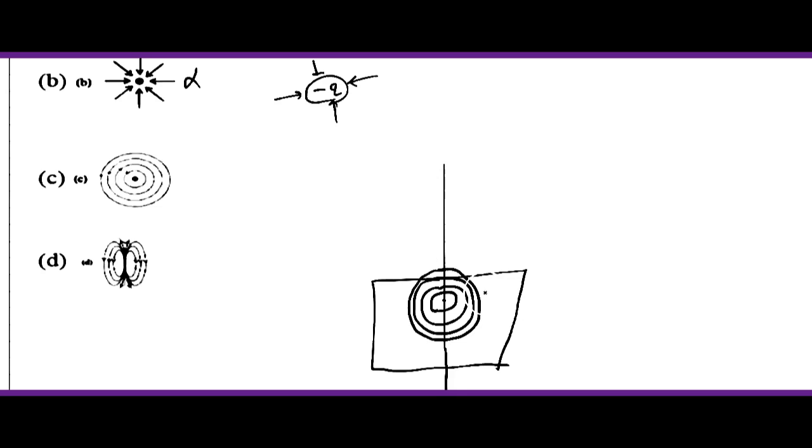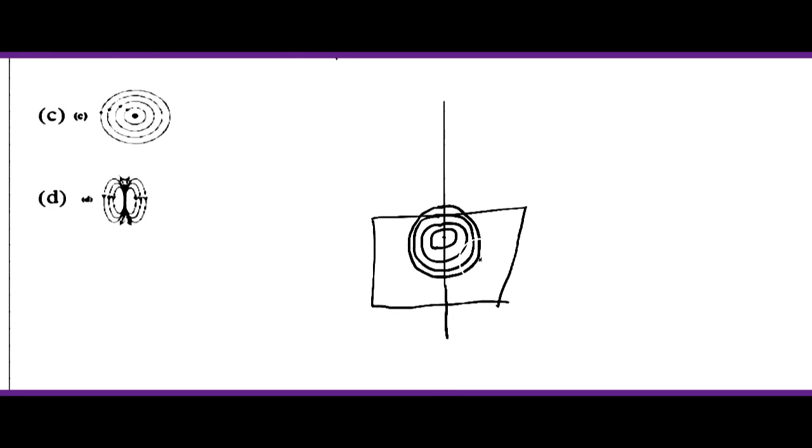And due to this magnetic field, if the magnetic field is varying, meaning it is changing with time, then the electric field is also induced. This has a smaller value compared to the magnetic field.